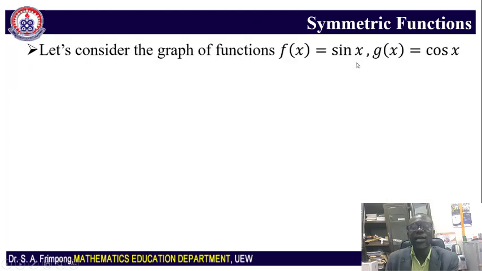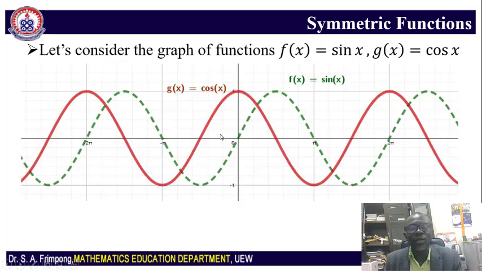Now let's consider the graph of the function sine x and then the graph of the function cos x. So f of x equals sine x, g of x equals cos x. If you put these graphs together, you can see that the red line here is cos x and the green dotted line is sine x.